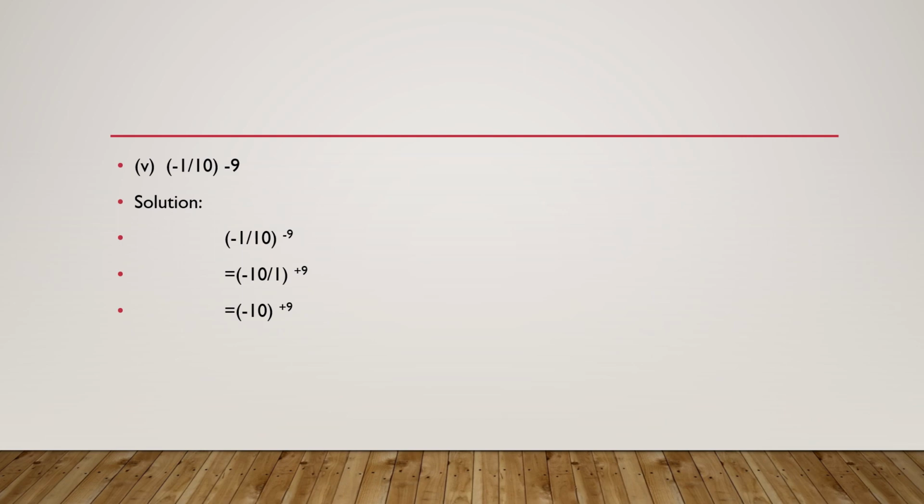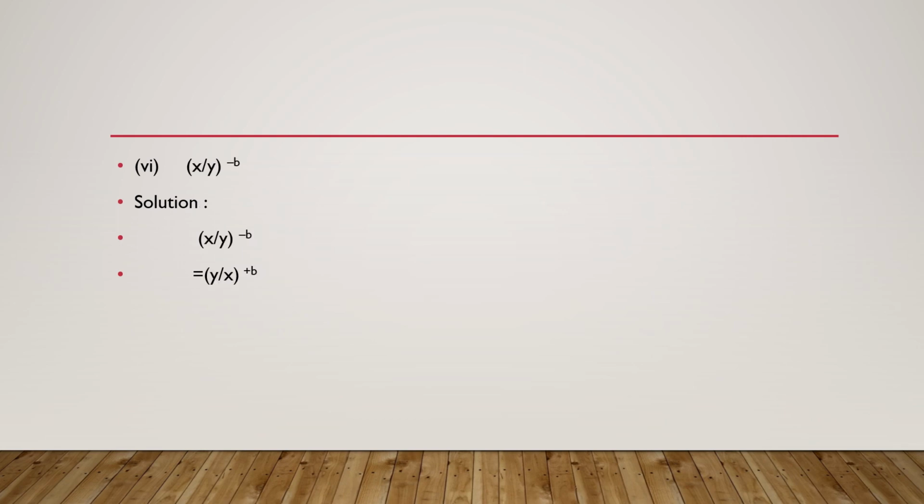We will get 10 by 1. By taking the reciprocal, the negative exponent becomes positive. Here we don't change the sign of the base, we simply change the sign of the exponent. And since 10 by 1 is 10, we can write it simply as 10 with positive 9.